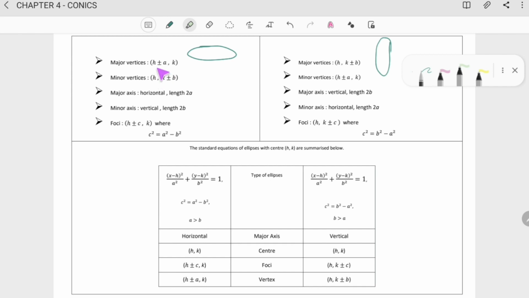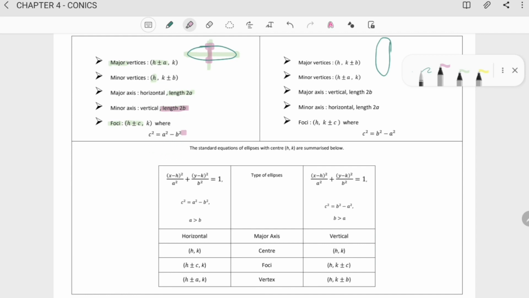For the horizontal, the X coordinate changes for the major axis and the foci, but for the minor axis it has the same H. The major axis length is 2A, and the minor axis length is 2B.